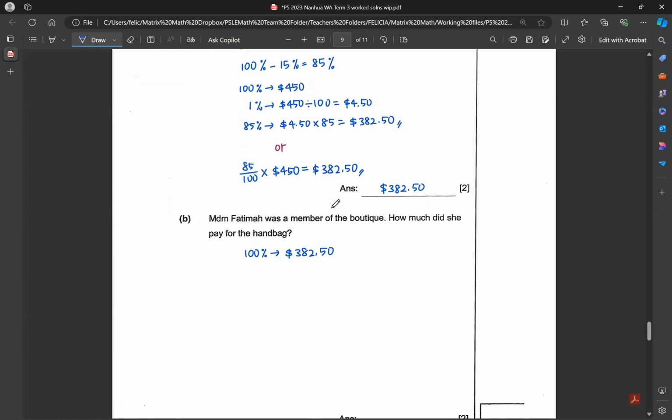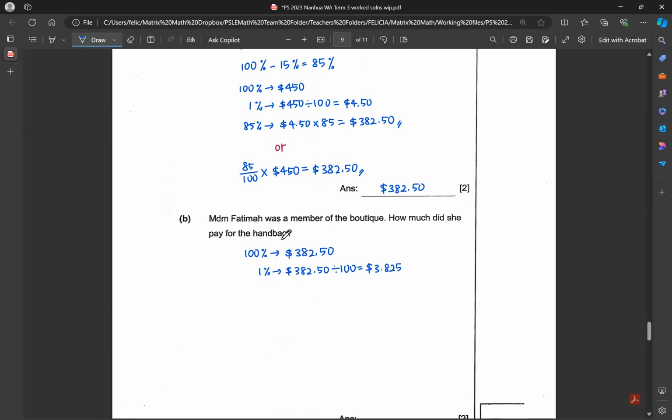So now we're going to calculate 1% first. Don't worry about the 3 decimal places. We just leave it there because that's not our final answer yet anyway.